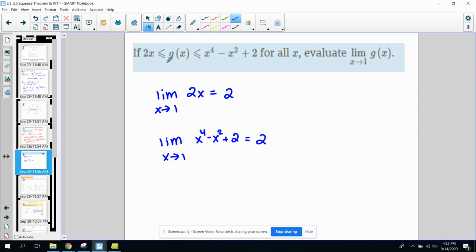So since they both are equal to 2, which when you're doing the squeeze theorem, both of the ends should be the same limit. They equal 2. Therefore, the limit as x approaches 1 of g of x is equal to 2.